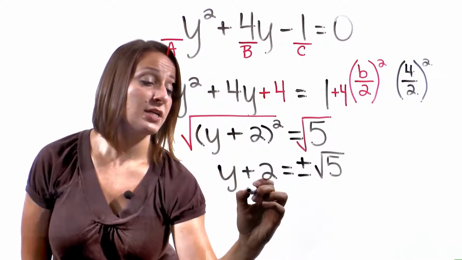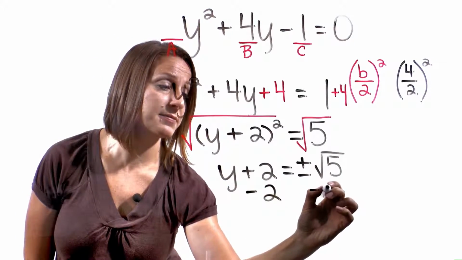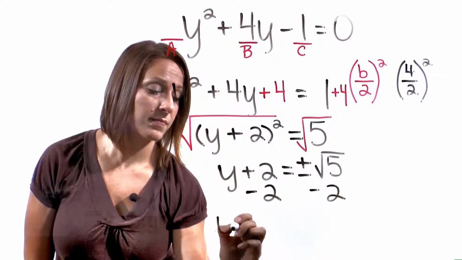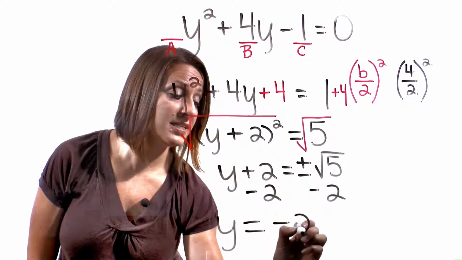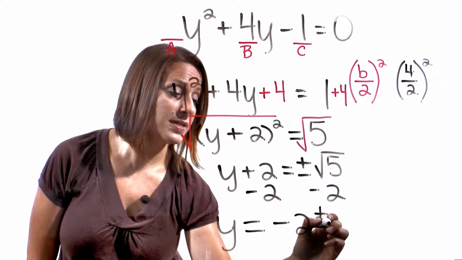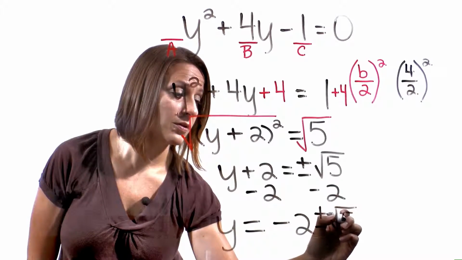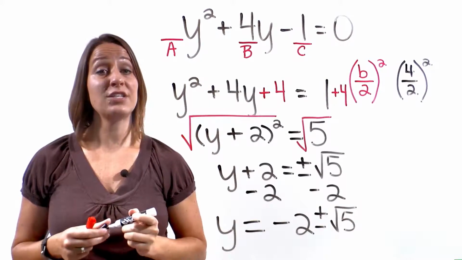One more step is we'll subtract 2 from both sides. That leaves us with -2 plus or minus radical 5 as your final answer.